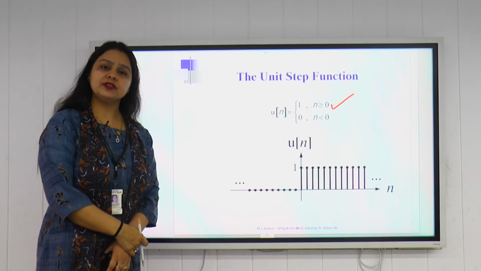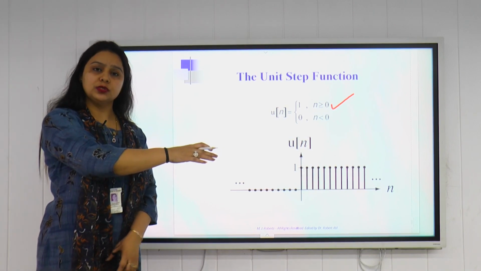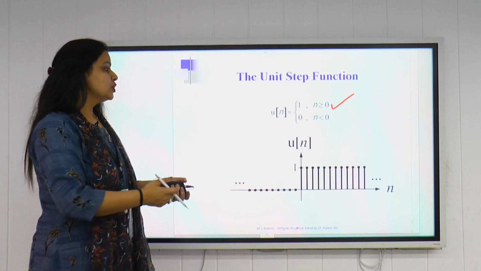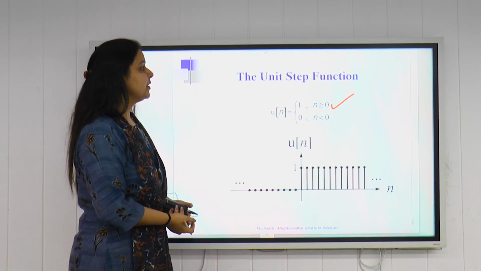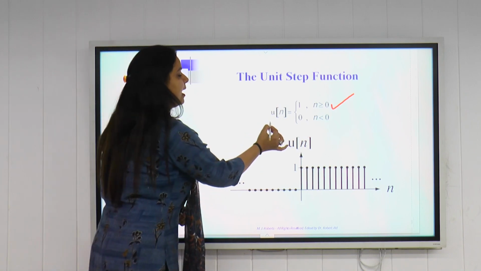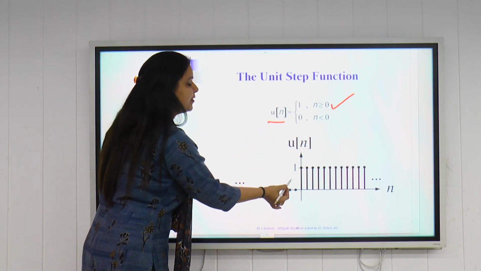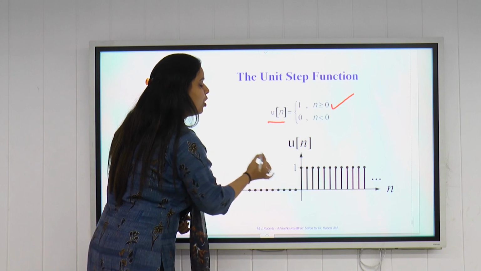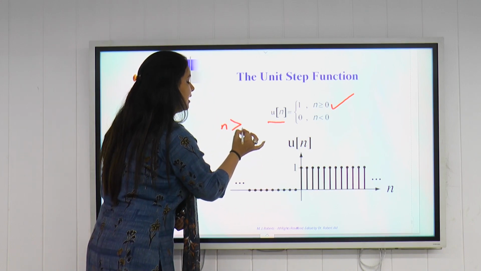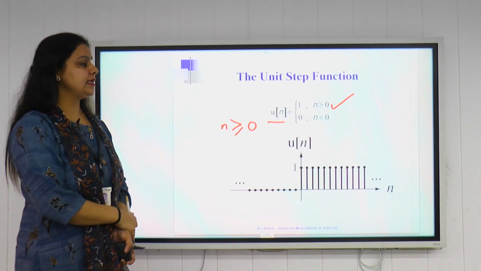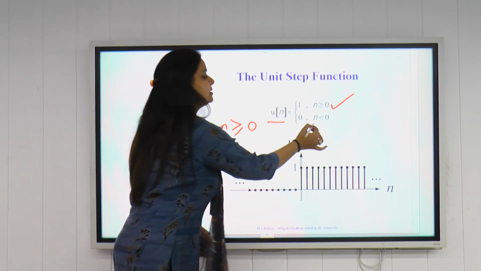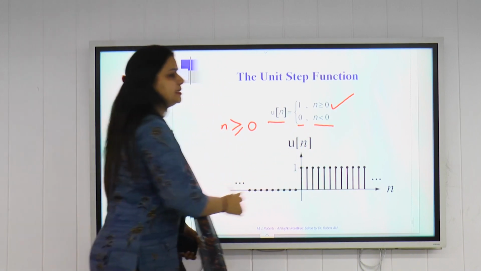Whenever we do elementary signals, these are basically used for the designing of systems, so it is considered a very important signal in signals and systems. At negative values, or n less than 0, its value is 0.